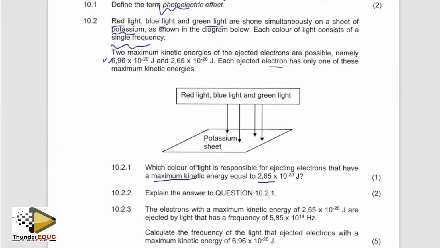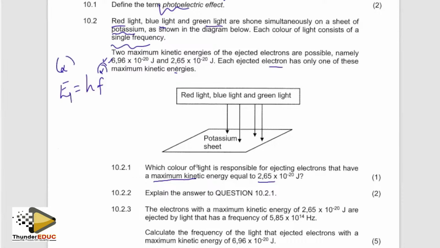Now, if you're comparing the two energies, the 6,96 is slightly bigger than this one. If we are looking at E equals hf, we know that this energy is directly proportional to the frequency of the light.